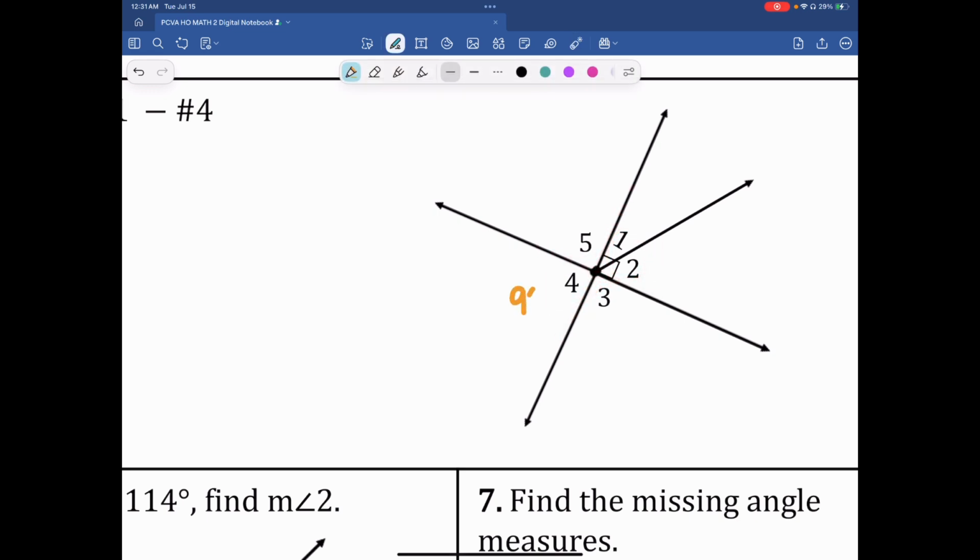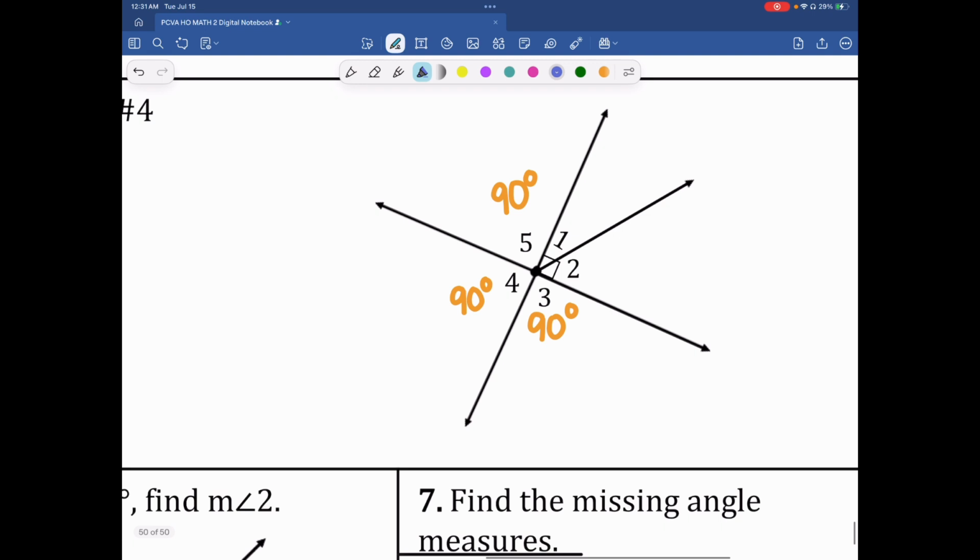So we also know this is 90. Well, if that's 90, these 3 and 4 are technically a linear pair. So that means that that would have to be 90. And then 3 and 5 are vertical angles. So I don't have a set of angles other than 1 and 2 for this particular example.